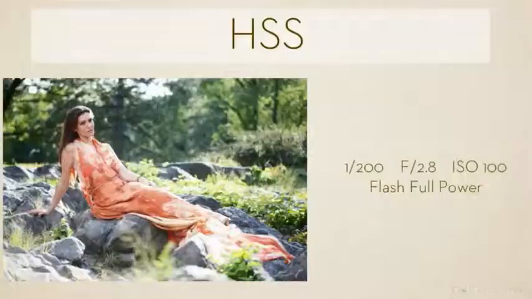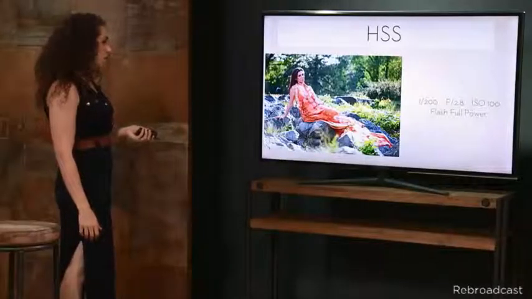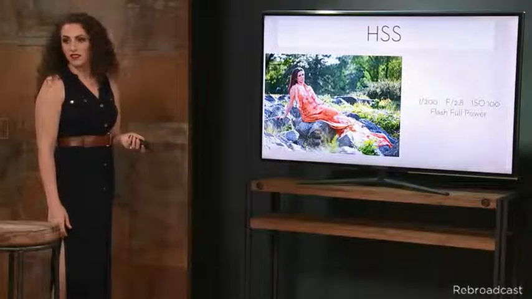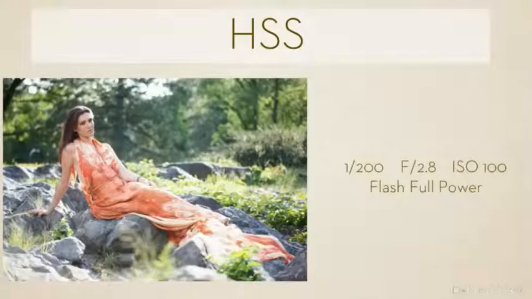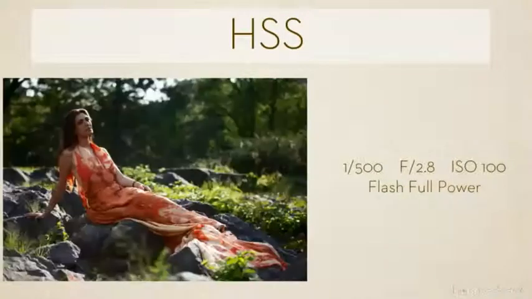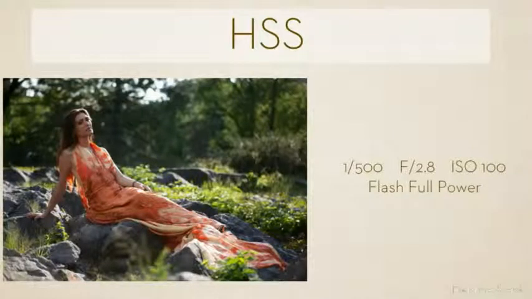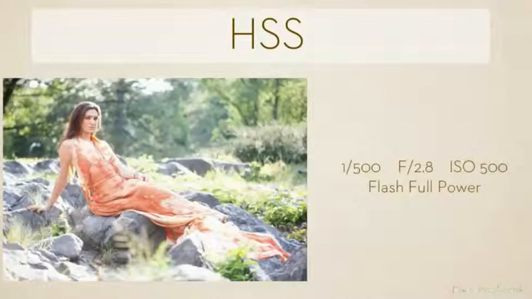So when I go to 200, I mean, it helped, but it's not good. Like it's still overexposed. I helped a little bit. So what I really want to be able to do is I really want to be able to go over that sync speed. If I go to 500th of a second, it's going to darken down the ambient. Let me just go back.